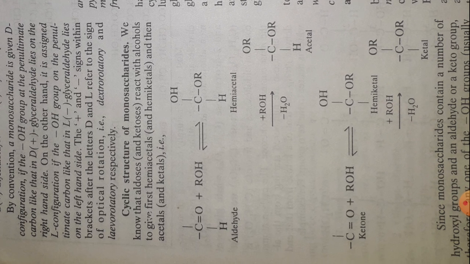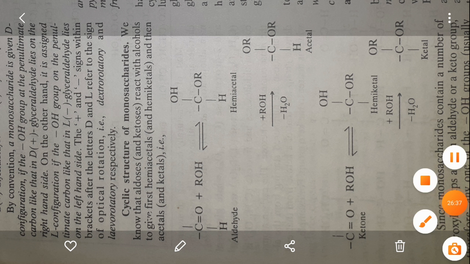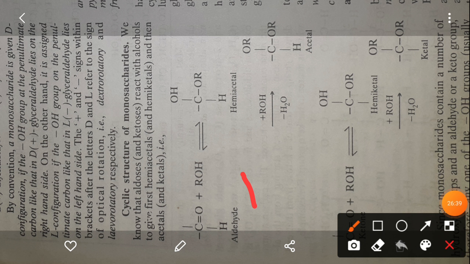This is your aldehyde. So here is a mistake. There is an extra bond they have given, but this is monovalent actually. So when we try to react this aldehyde with alcohol, this gives hemiacetal first.